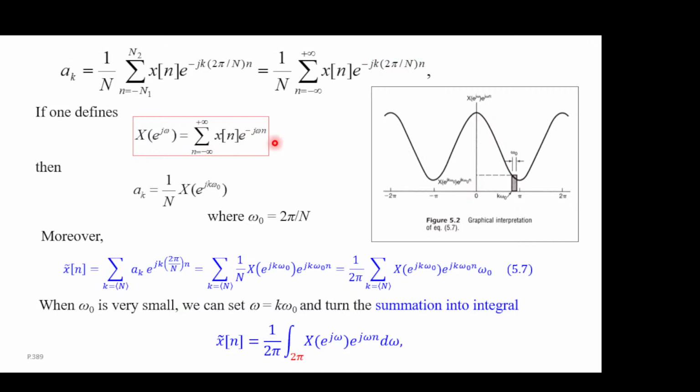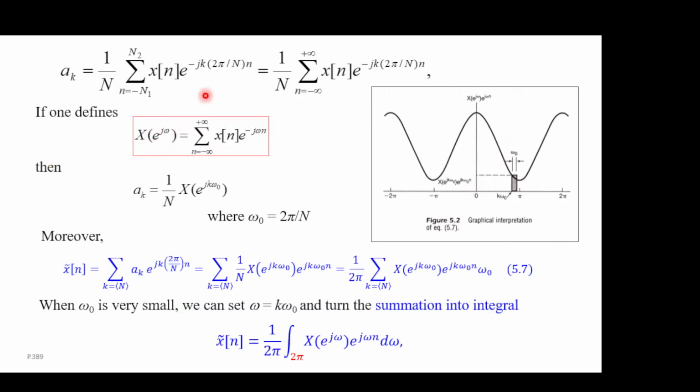And you see now that a_k can be samples of this frequency envelope, big X of e to the j omega. This is a function of omega, but we write it as e to the j omega for reasons we will see later.